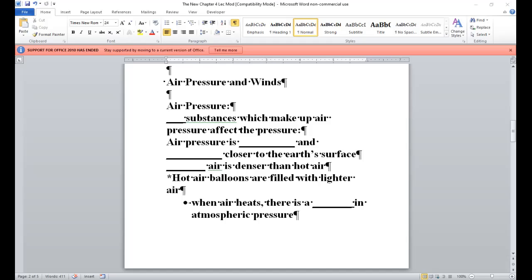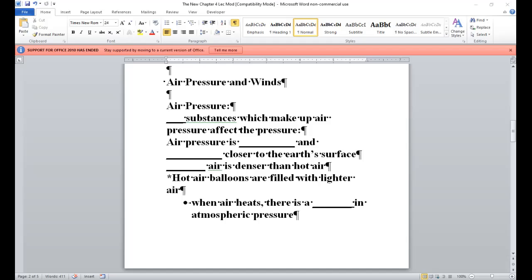The higher we go, just to say this in another way, the air molecules become more widely spaced and diffused. They spread out. So the increased space between gas molecules in the air then results in lower air density and lower air pressure.